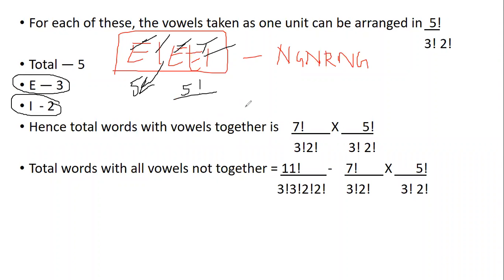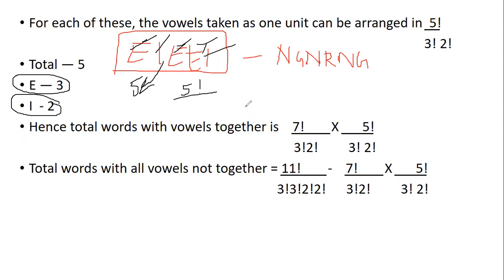Understood till here? So first we solve the overall vowels and consonants. Now we will concentrate only on vowels, which is one unit. In that one unit, we have 5 vowels, which can be arranged in 5 factorial ways.